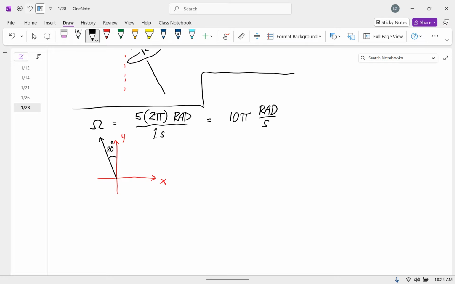And so to come up with a unit vector in that direction, from the positive x-axis, this is positive 90 plus another 20. So this is going to be cosine of 110 degrees, sine of 110 degrees. And that is negative 0.342, positive 0.940. And I guess we're doing it in 3D.